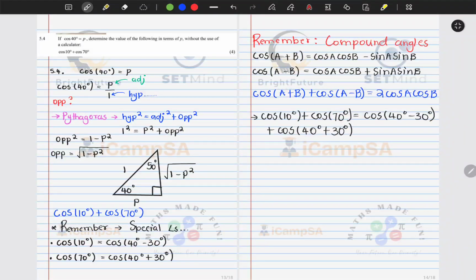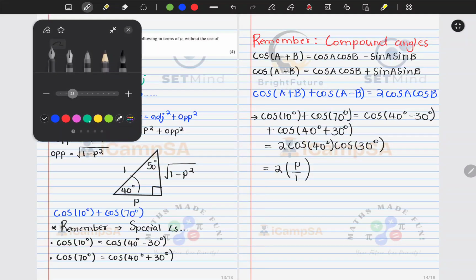It's exactly the same setting. Our answer will become 2 times cos of 40 degrees and then cos of 30 degrees, of which cos of 40 degrees is simply P. So we have 2 times P over 1.